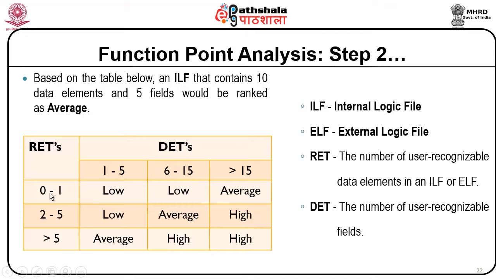If the number of user recognizable data elements in an internal logic file or external logic file is 0 or 1 and the number of user recognizable fields is from 6 to 15, the rank is low. If the number of data elements is 0 or 1 and the number of fields is greater than 15, the rank is average.